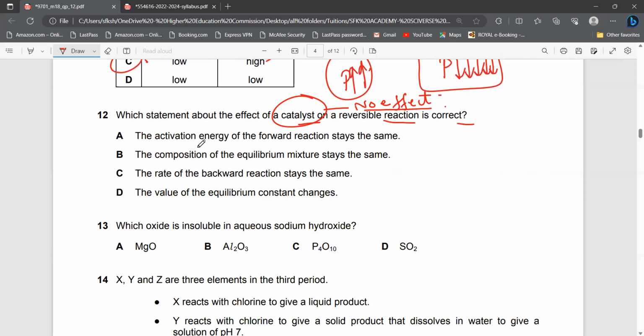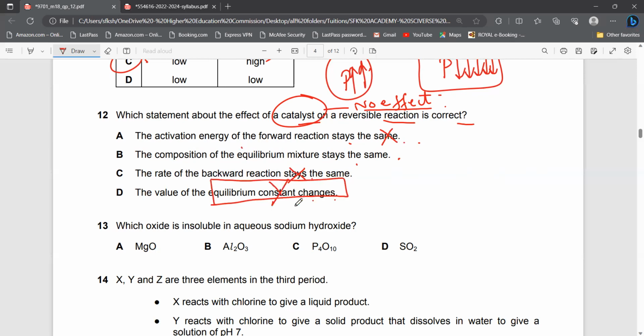Now, activation energy of forward stays the same? No, it does not stay the same. It reduces. Both forward as well as backward reduce. Composition of equilibrium mixture stays the same? Well, that might be fine to some extent, but the composition keeps changing, right? If the rates change, composition has to change. Rate of the backward reaction stays the same? No, it does not. Value of the equilibrium constant changes?